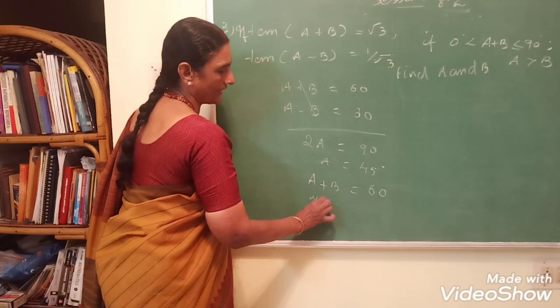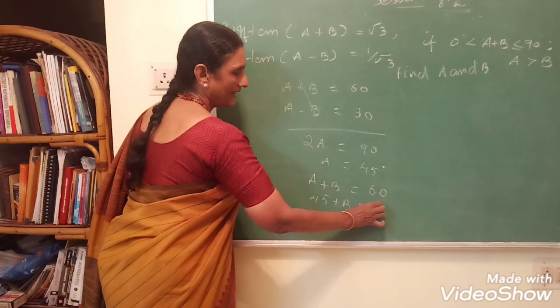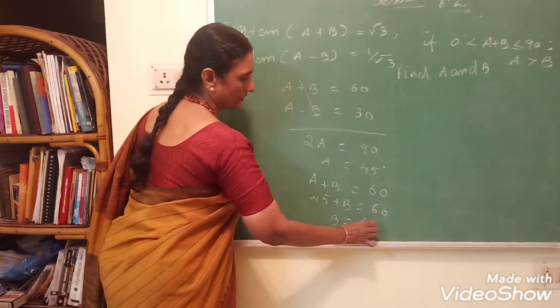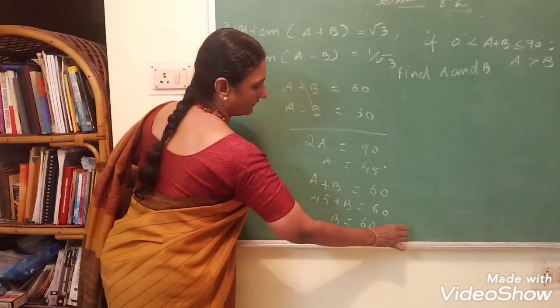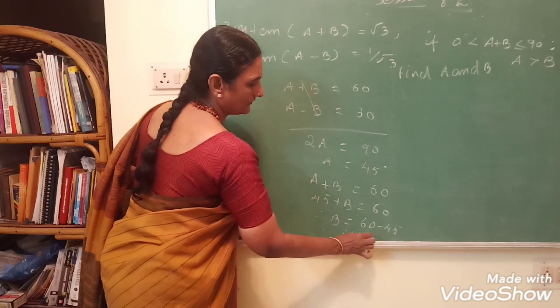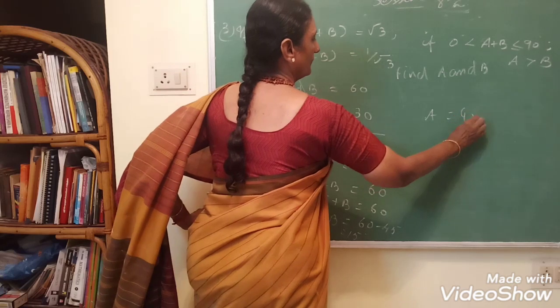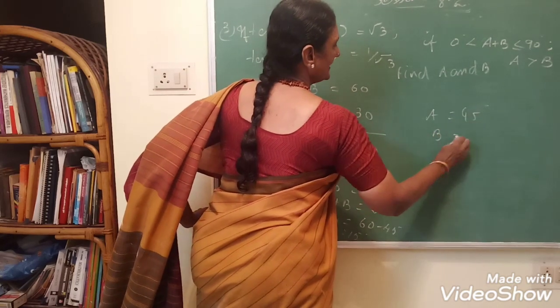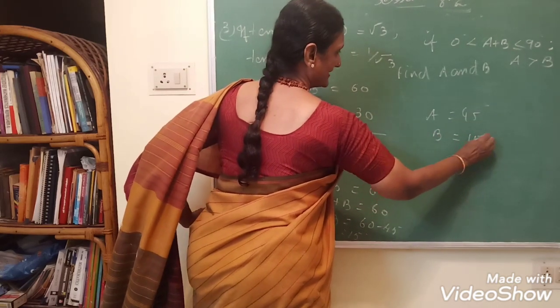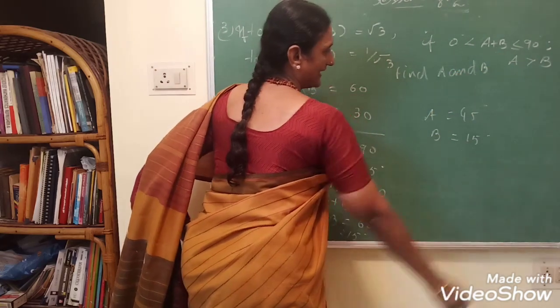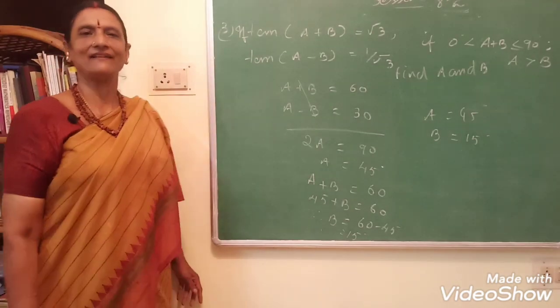So 45 plus b is equal to 60 degrees. Therefore, b is equal to 60 minus 45, giving you the value 15 degrees. Therefore, a is equal to 45 degrees and b is equal to 15 degrees. So, a is greater than b, a plus b is less than 90. So, that ends the sum.